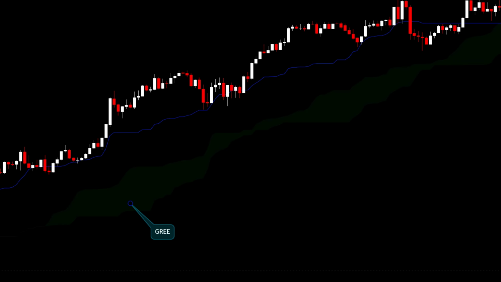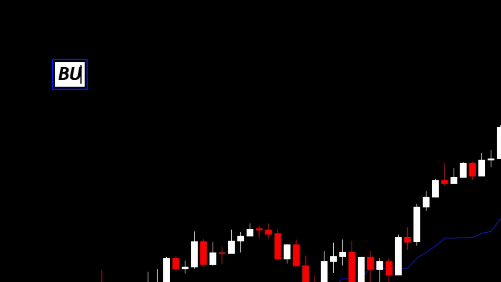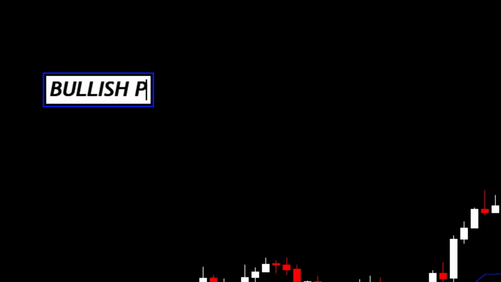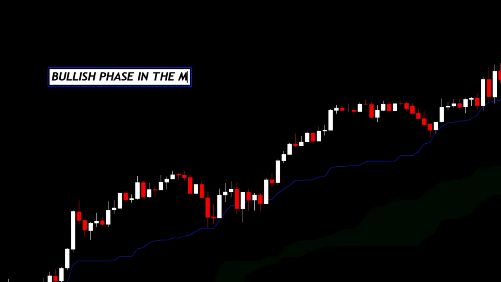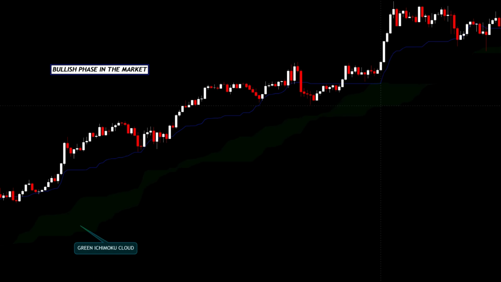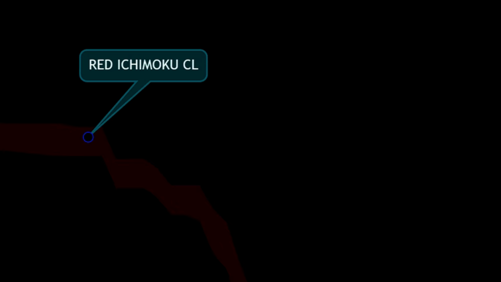When the cloud is green, the market is bullish. And when it turns red, bearish pressure dominates.